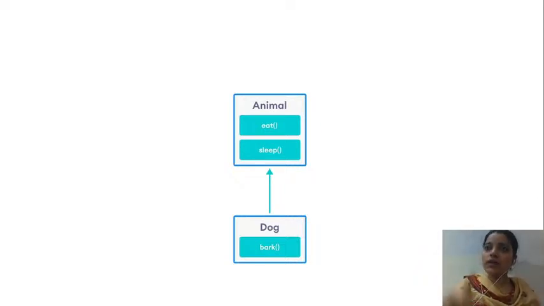And let Dog inherit and call the two functions eat and sleep from the Animal class. You understood? So in this example, if you see this arrow mark between the two classes, it is Dog who is inheriting the properties and methods of the Animal class. Is it okay? If somebody could acknowledge in the chat section, is this concept clear?